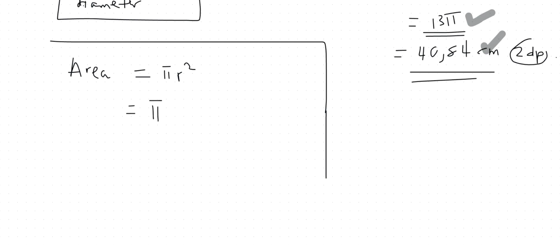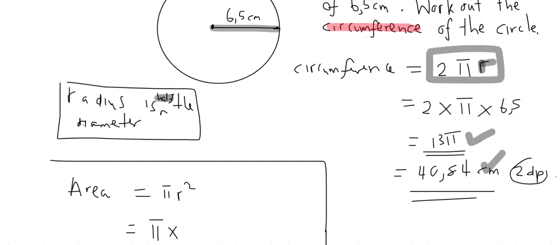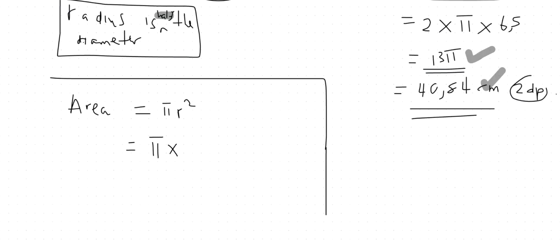In this case, the radius was 6.5. So I'm going to say 6.5 squared. Then I take my calculator and work out 6.5 squared.